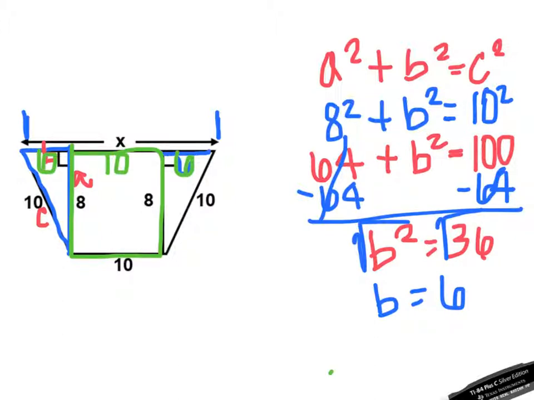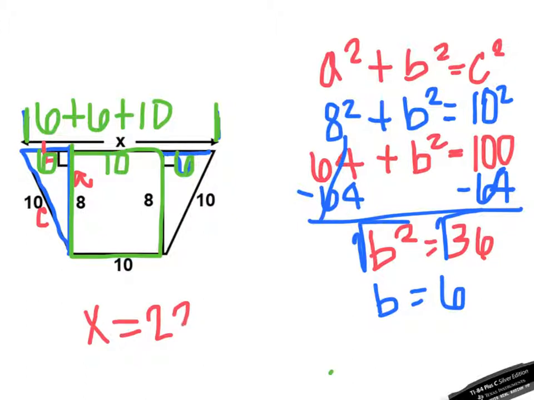So to find the whole measure of x, which goes from here to here, we can add these three together. 6 plus 6 plus 10. 6 plus 6 is 12, plus 10 is 22. So x is equal to 22.